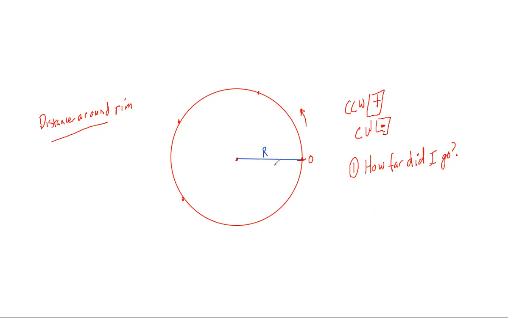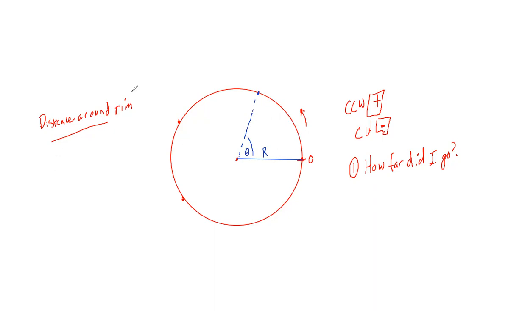Well, we'll talk about that in a second, but how far in terms of meters did I go? I mean, to some extent, that depends on, let's say I'm at this point. I could just say, well, I went a certain number of meters around, but it feels a little more natural to be able to say I went some angle around. So I went some angle around this circle at any given time.